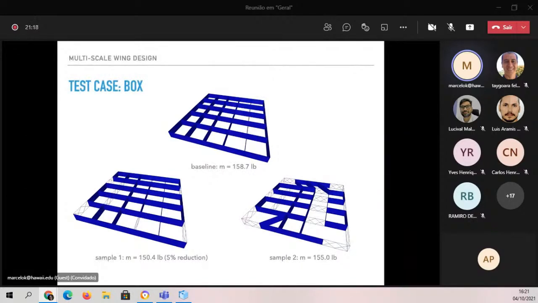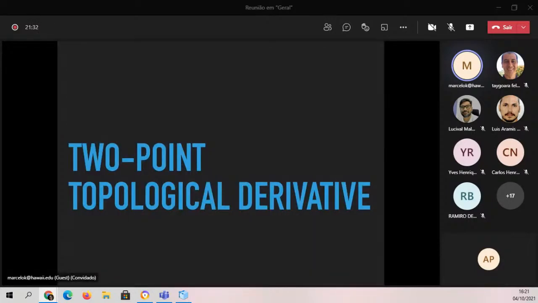And then for each one of those members in that primary layout, we have a secondary level of instructions that will then generate the layouts for the secondary structures. Okay, so that was what we did for the multi-scale. And as I said, at this moment we put this to run, and we are waiting for the solution for the full wing now.